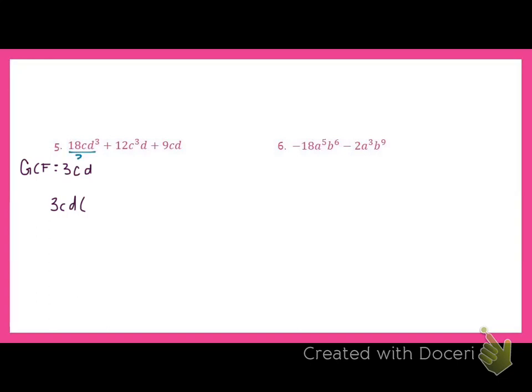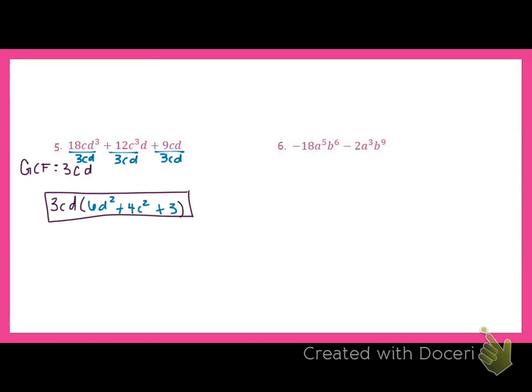So, Mike, if I divide everything by 3CD, what's 18CD cubed divided by 3CD? 6D squared. Okay, good. And then what's 12C cubed D divided by 3CD? 4C squared. Okay. And what is 9CD divided by 3CD? Awesome.